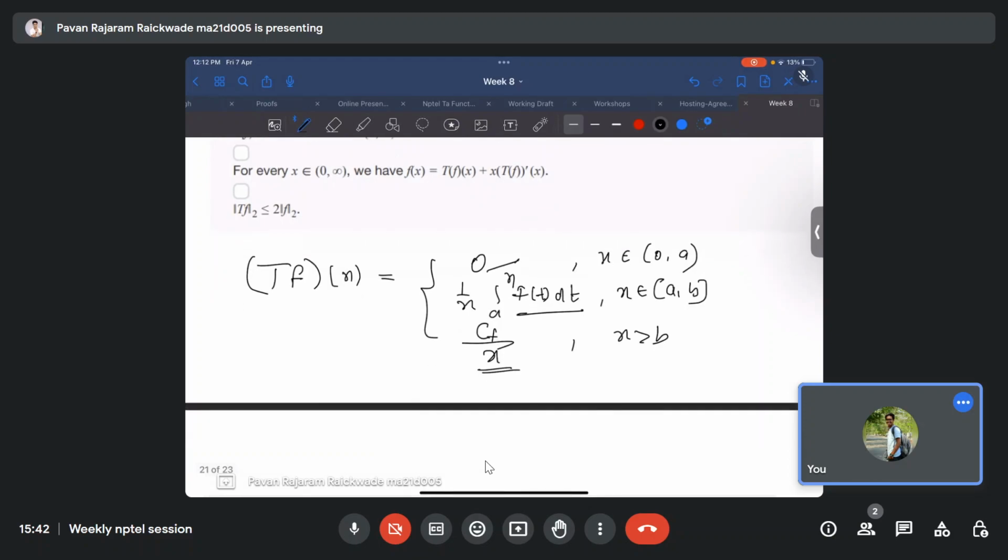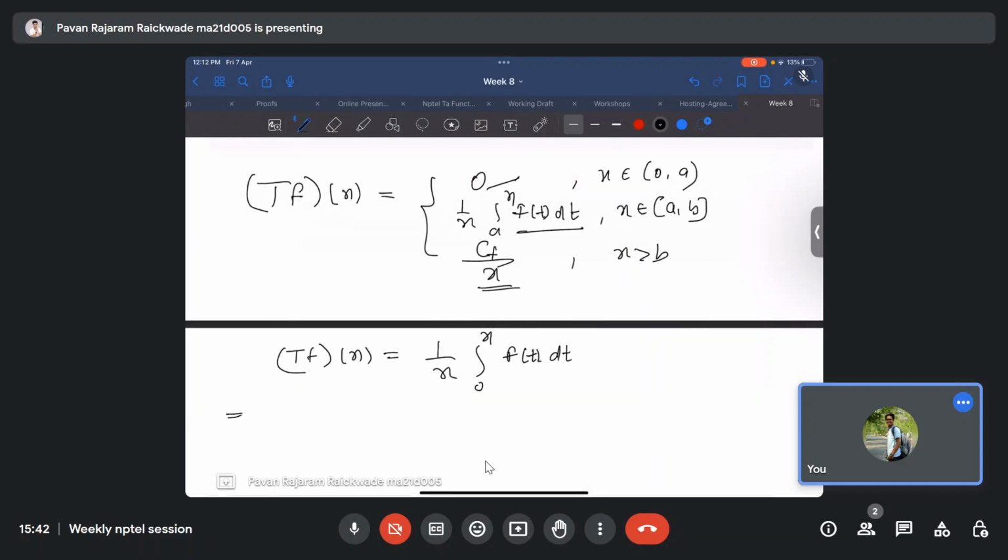What we know is Tf(x) equals 1 by x integral 0 to x f(t) dt, right? It means integral 0 to x f(t) dt equals x Tf(x).